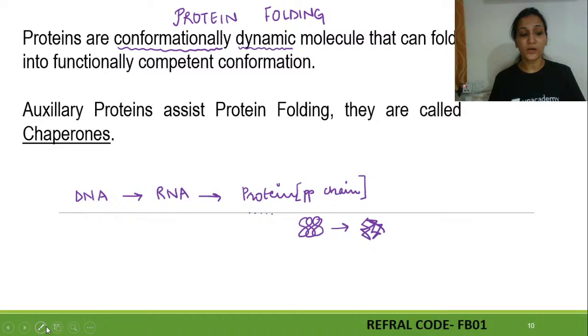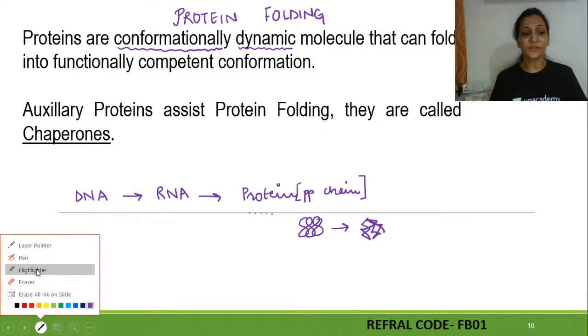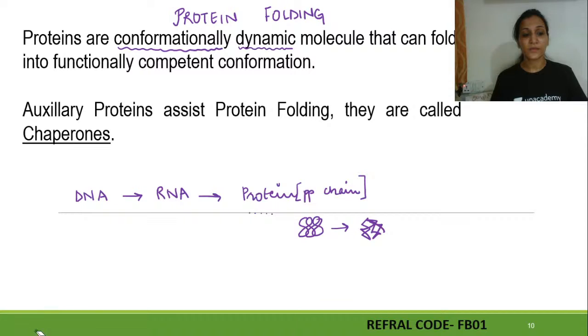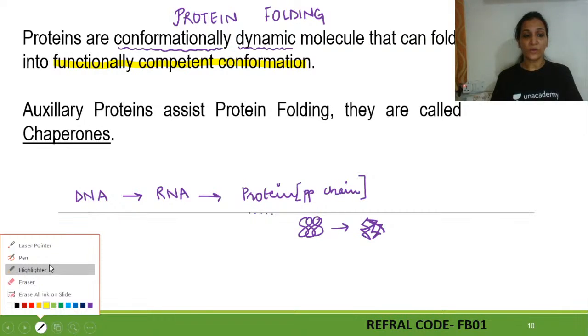It can change into a type of structure which is of some use, functionally competent. So just highlight this: functionally competent conformation. This is what we are going to see in protein folding. Protein folding actually leads to formation of a functionally competent conformation.